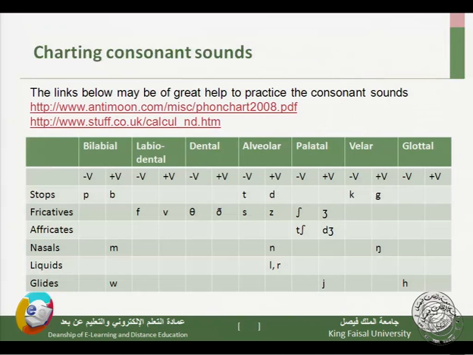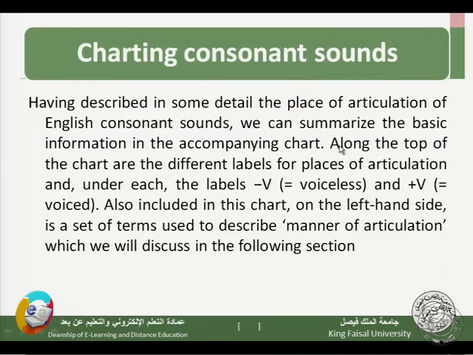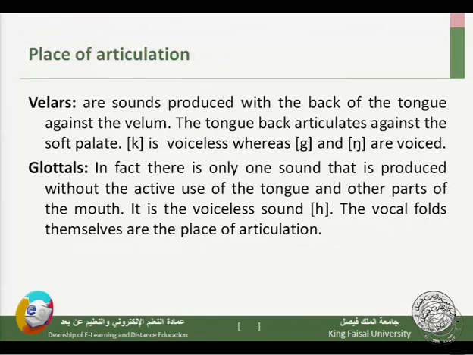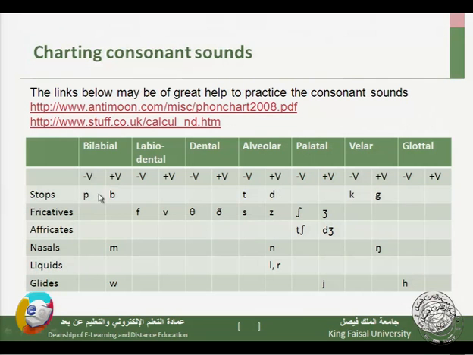Along the top of the chart we have the different labels of the places of articulation, and under each label there is a minus V or plus V. If you have minus V, that's voiceless. If you have plus V, that's voiced.